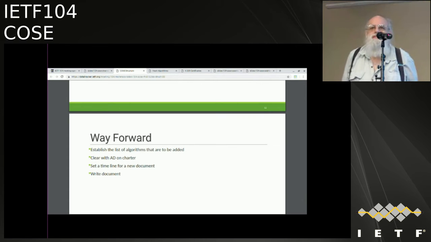They're squatting on code points because they didn't figure out how to get the IANA registrations. I would just like to take a little bit of the sand out of the gears here and make it easy for other people. So the observation that the IETF is going to do this is a good one, but something that is really widely looked at, like SHA-3, should also be a good justification for adding something.